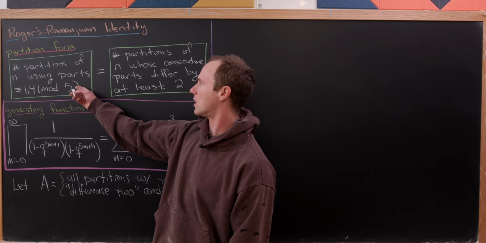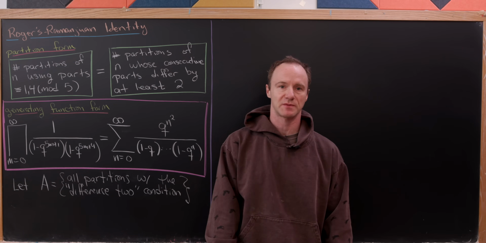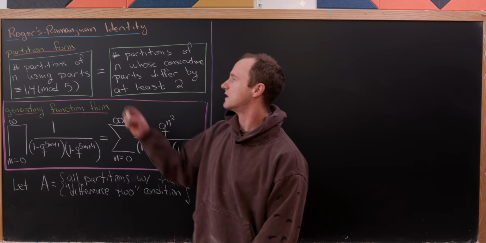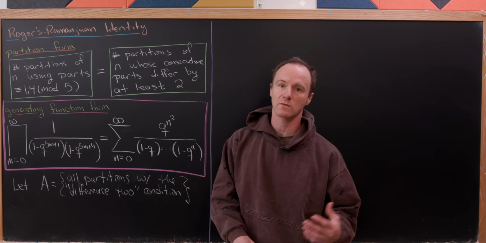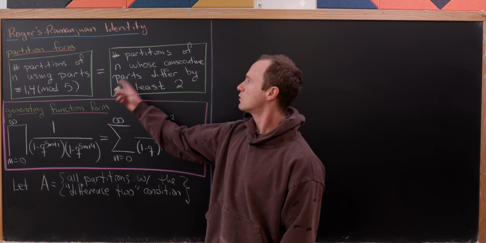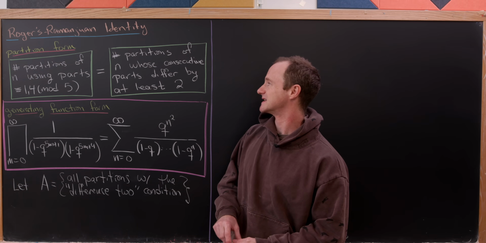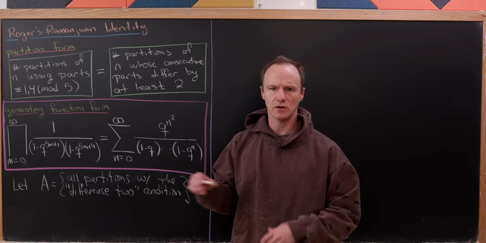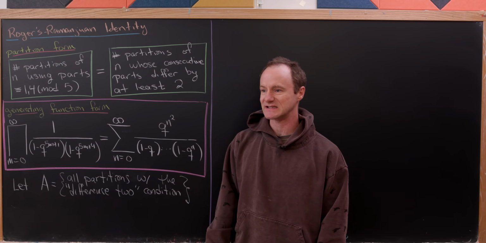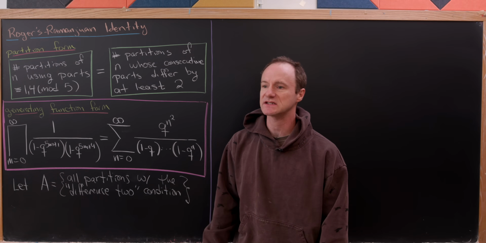So let's recall that the partition form of the Rogers-Ramanujan identity is the number of partitions of n using parts that are congruent to 1 or 4 mod 5 is equal to the number of partitions of n whose consecutive parts differ by at least 2. So we started the video looking at examples of partitions of each of these types.